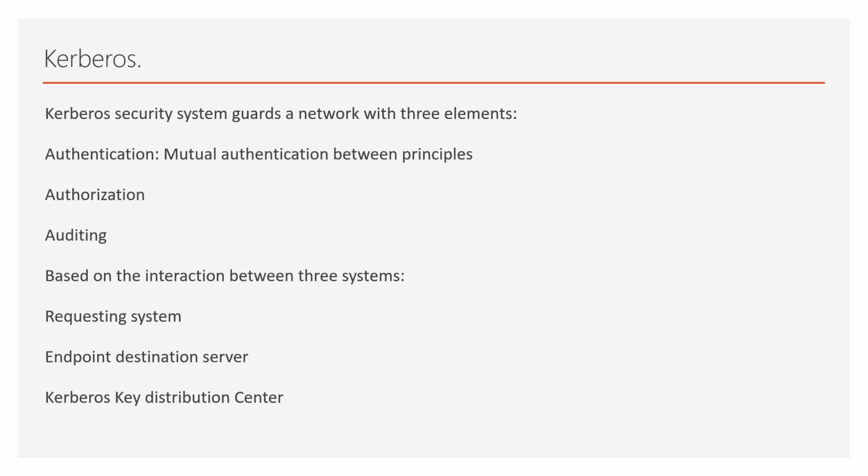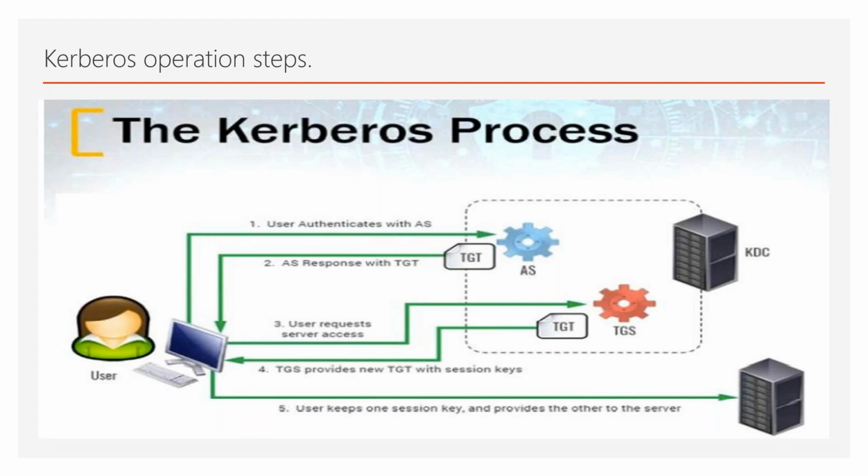From the exam point of view, remember that Kerberos provides authentication, authorization, and auditing. However, to get more in-depth knowledge, I'm going to show you this diagram and explain what the Kerberos process does.